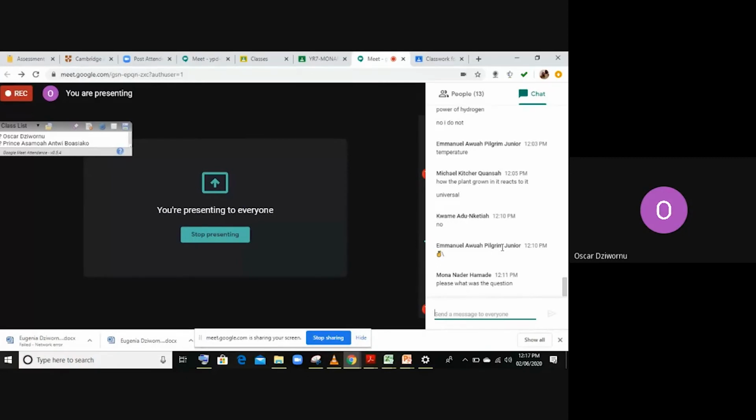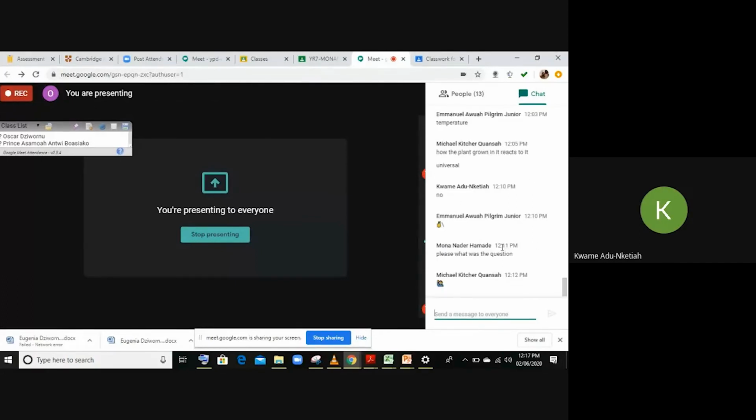So how do you now determine the pH when you have finished dipping in the universal indicator and the color has changed? Give us some color. Either the color is red or orange, meaning it is acidic. But then if it is blue, it's alkaline.